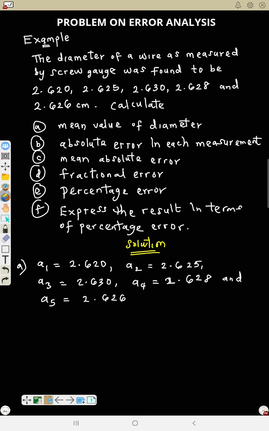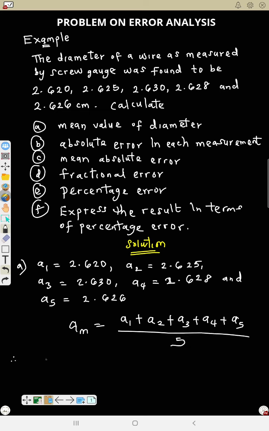So now A mean, that is AM, let's take it as our arithmetic mean. It equals the sum of all the observations, A1 plus A2 plus A3 plus A4 plus A5, divided by 5.